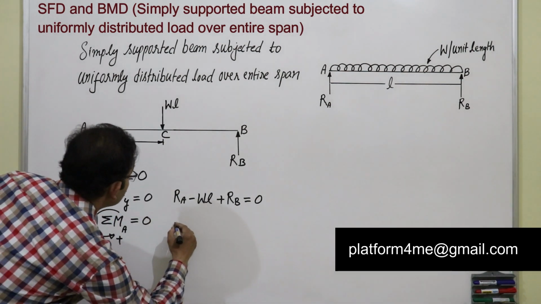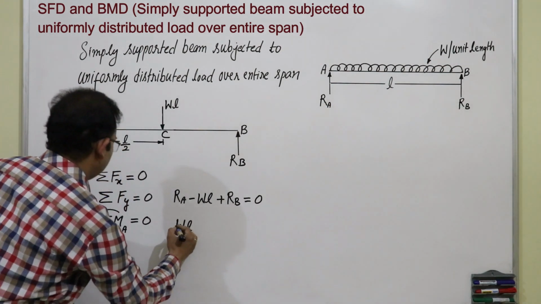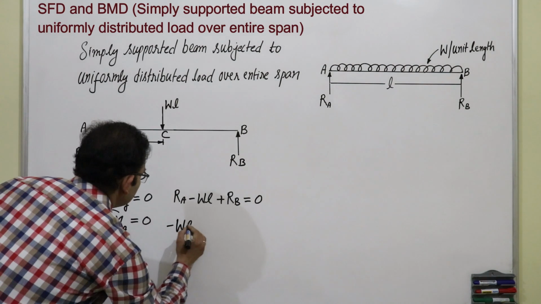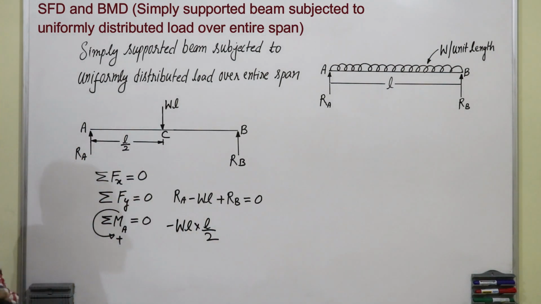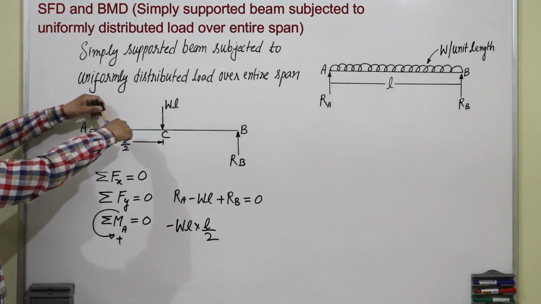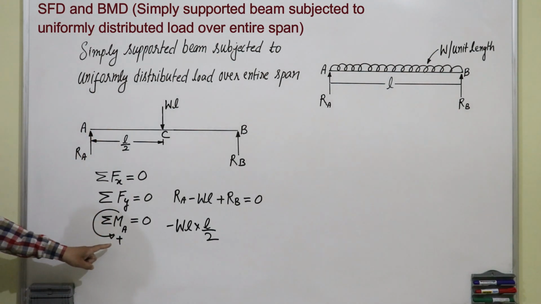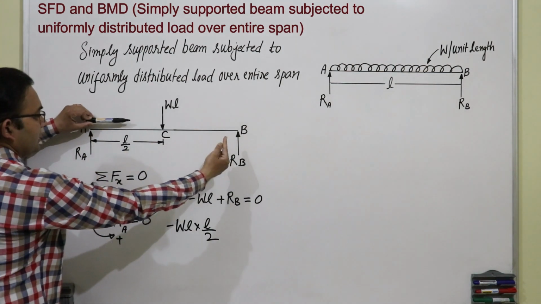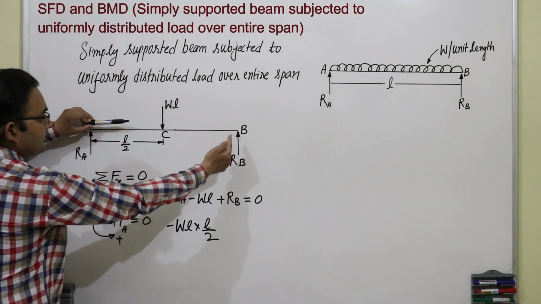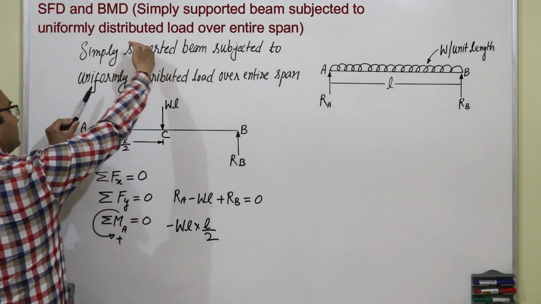Force is WL, minus into L by 2. This is the moment because it is in the clockwise direction and we have taken sign convention in which anti-clockwise direction moment is positive. Second is RB force and length is L. So, this force is acting and it will tend to rotate like this.